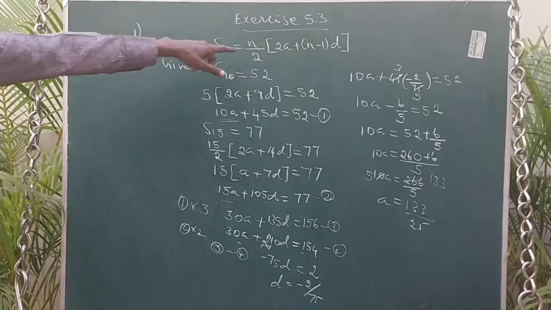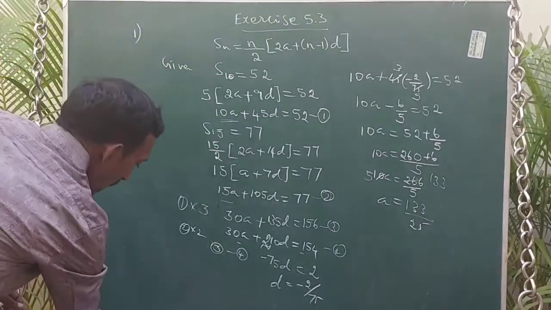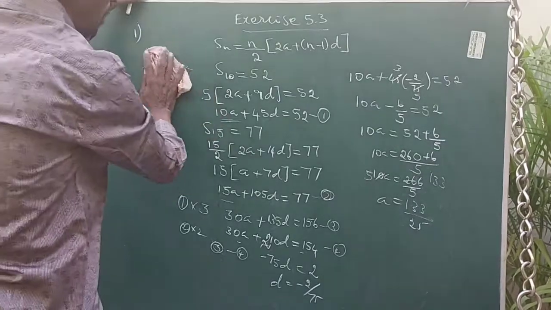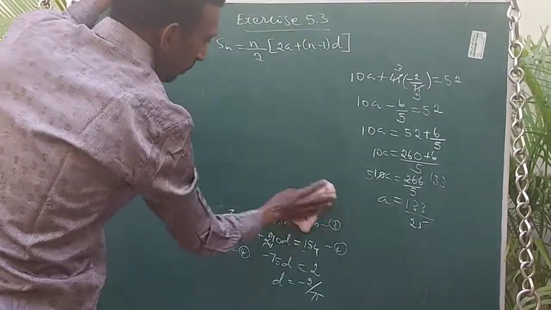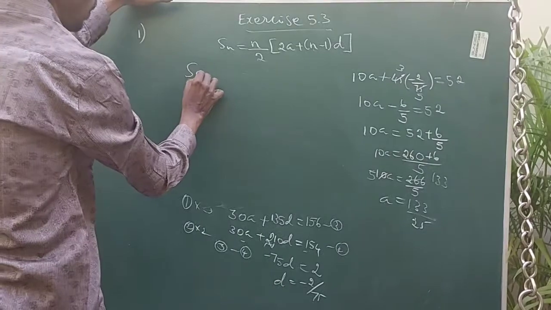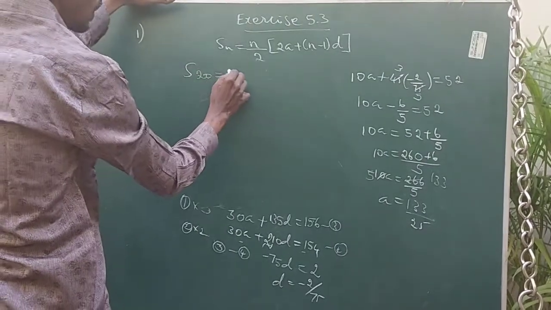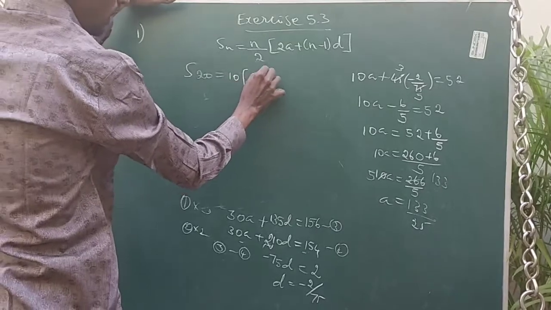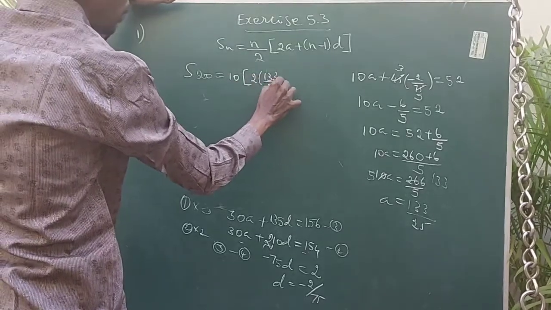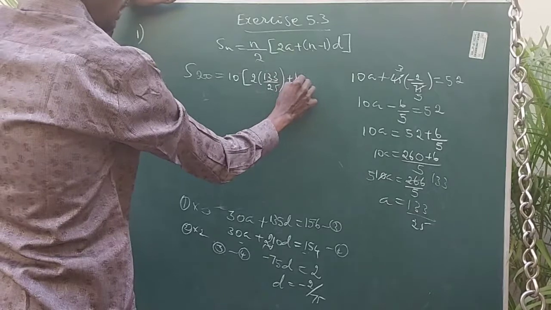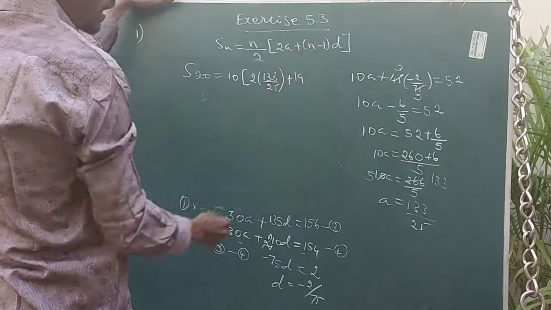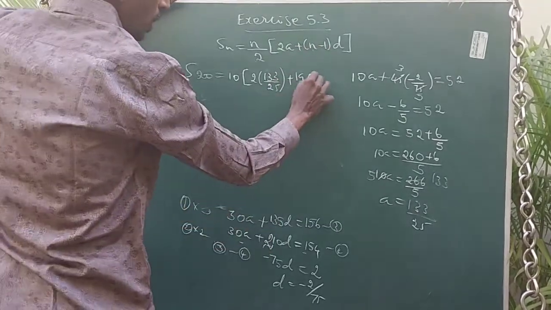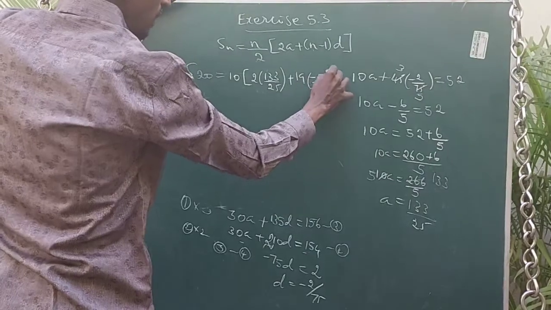Put the values here. So S20, our aim is to find out the sum of first 20 terms. So S20 equal to 20 by 2, 10, into 2 into 133 by 25 plus 19, that is 20 minus 1, 19 into the d value, minus 2 by 75.